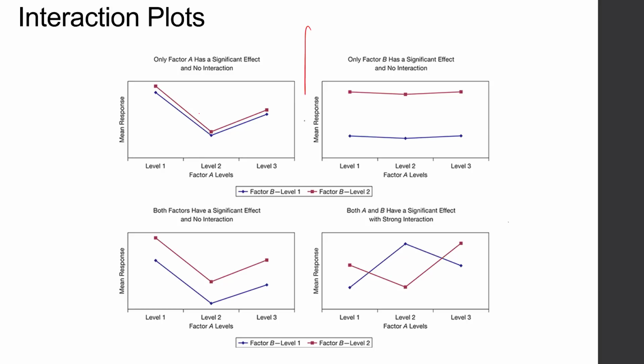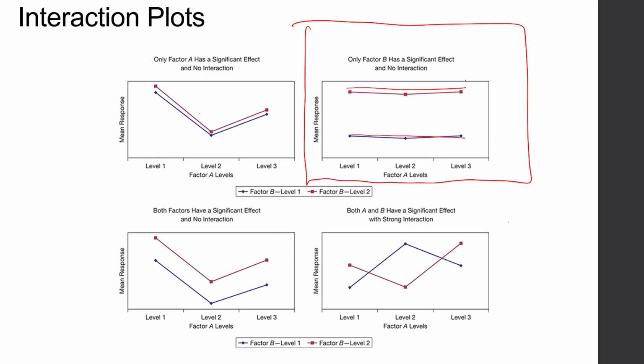All right, in the second plot on the top right, we can see that across level 1, level 2, and level 3 of factor A, the means stay pretty much the same. So we're going to say it looks like A is not significant. However, this time, the means do change, it looks like significantly, from level 1 of factor B to level 2 of factor B. So it looks like factor B is significant.